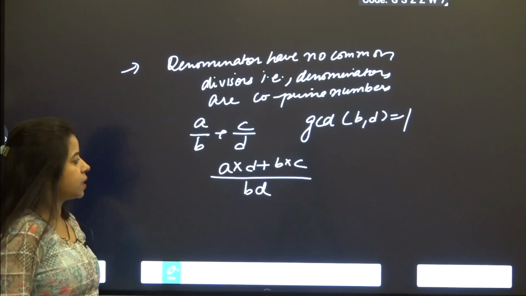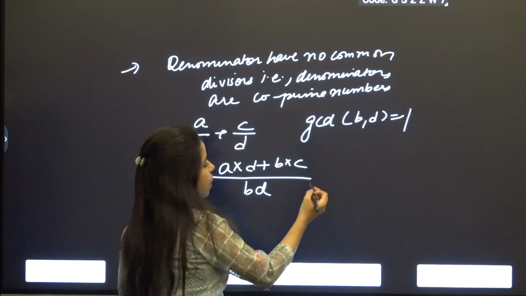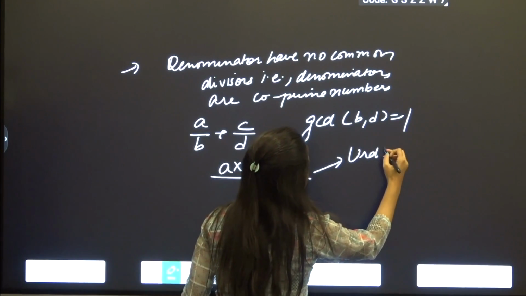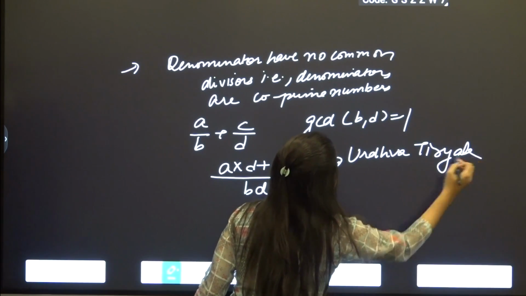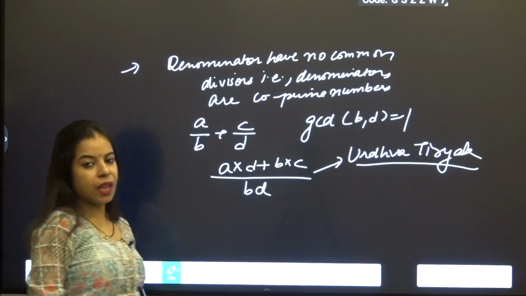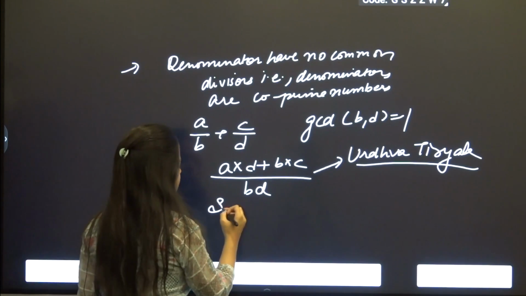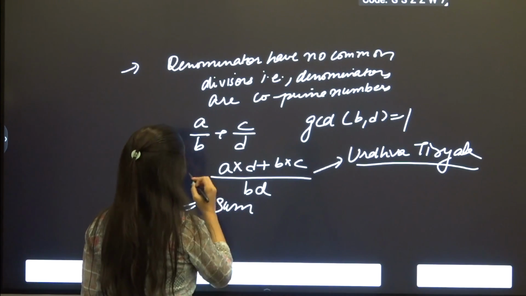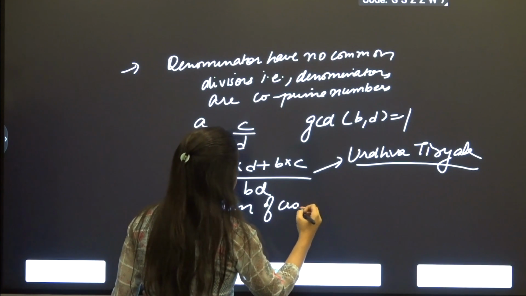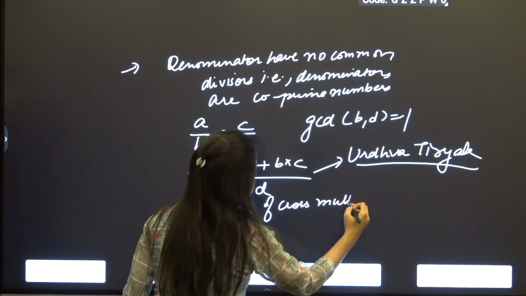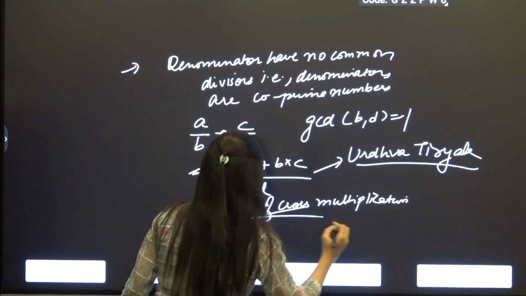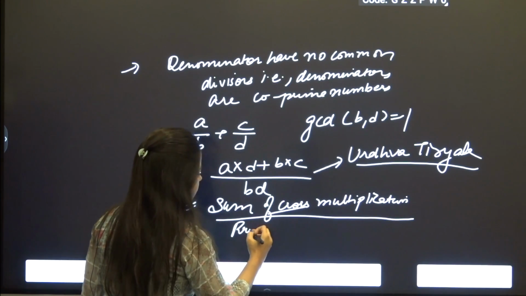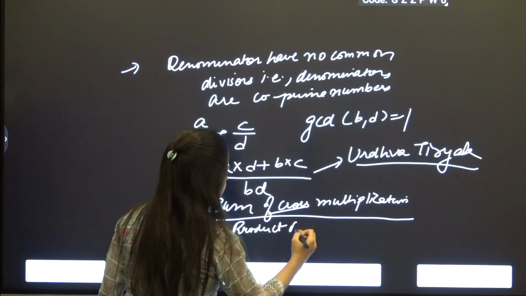So this is the answer, and the sutra is Urdhva Tiryak, which is nothing but sum of cross multiplication upon product of denominators.